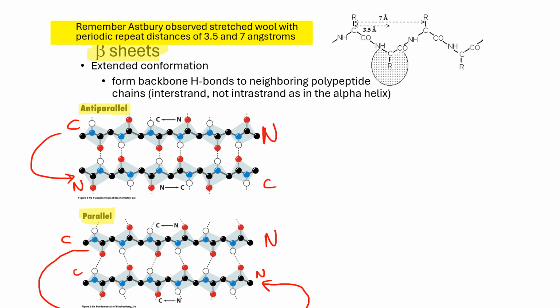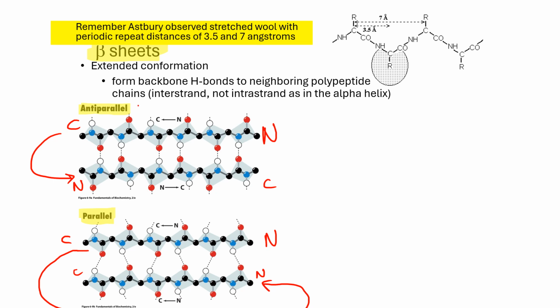Now, what's important to know about the beta sheets is that beta sheets can form from neighboring polypeptide chains. I like to draw this though because I think that it shows a depiction of where those different strands align with one another. Now, with that in mind, this is our parallel and our anti-parallel beta sheets.